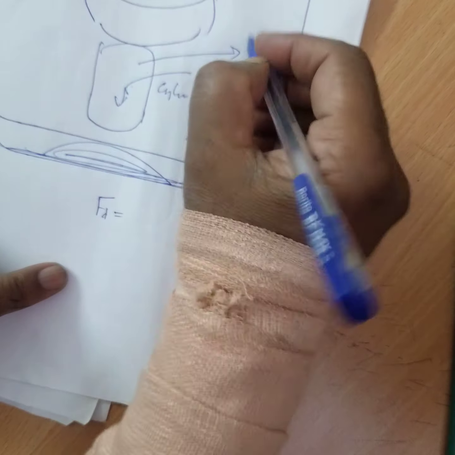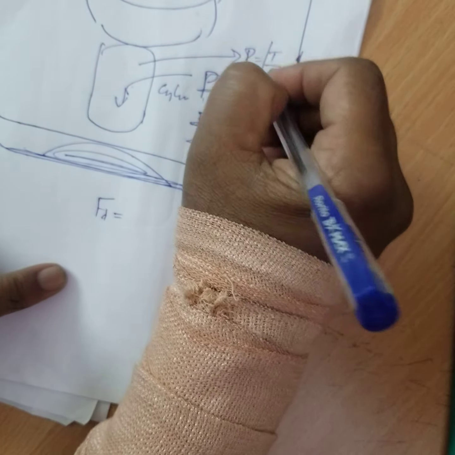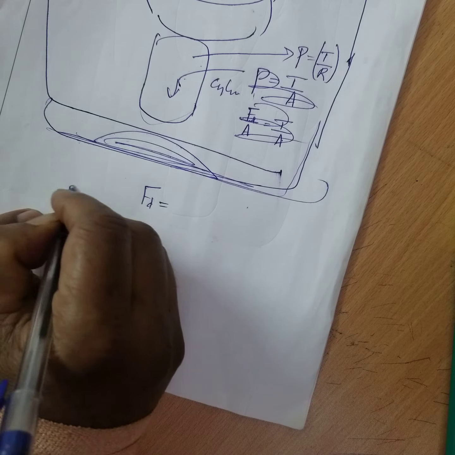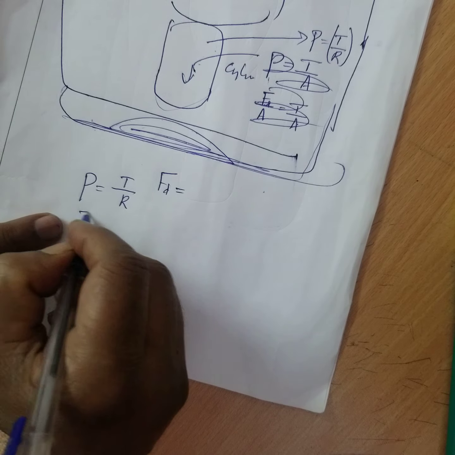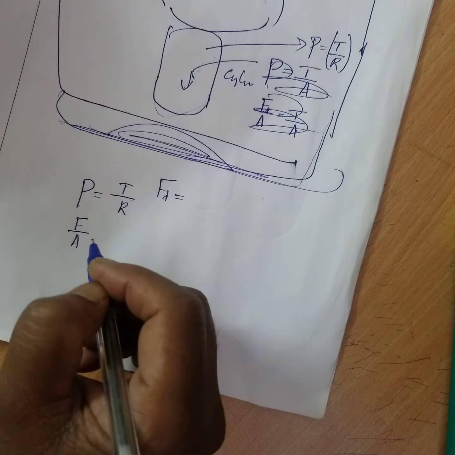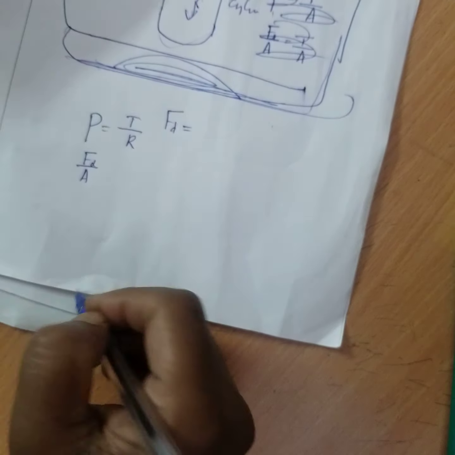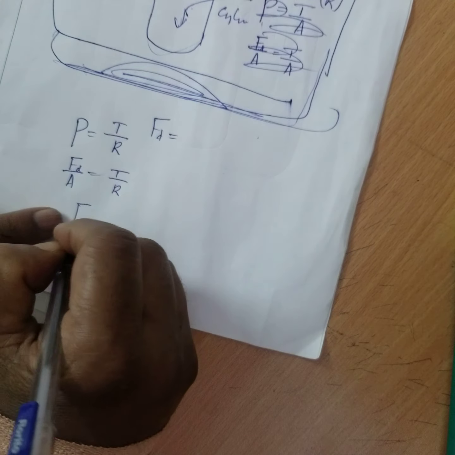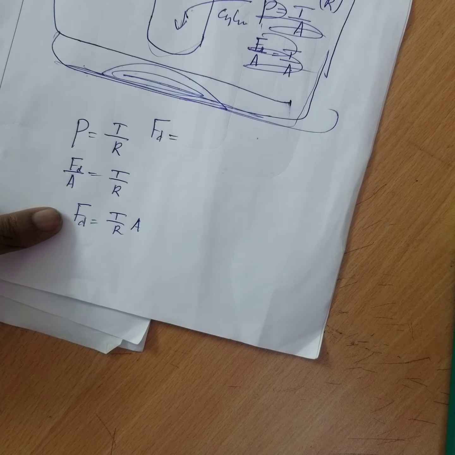The excess of pressure is given by surface tension by R, T by R, for the cylindrical shape. Therefore, excess of pressure is equal to T by R. Pressure is equal to force per unit area. Again, you know this. What is the force? Force is the downward force into T by R. Therefore, the downward force is equal to T by R into A.